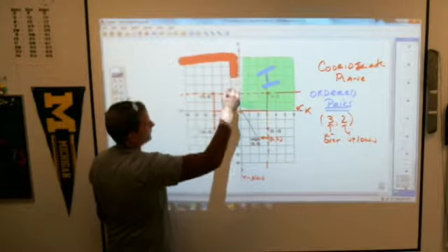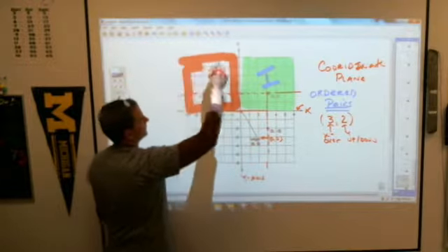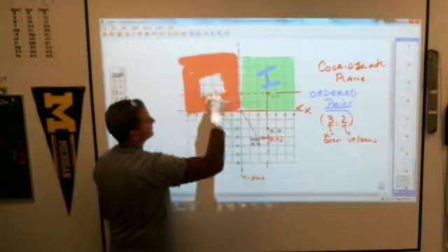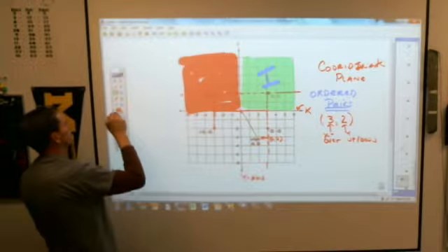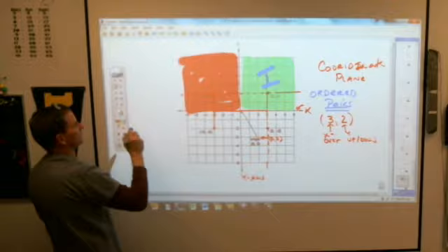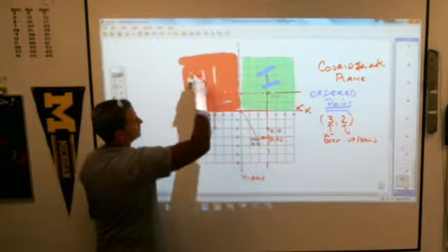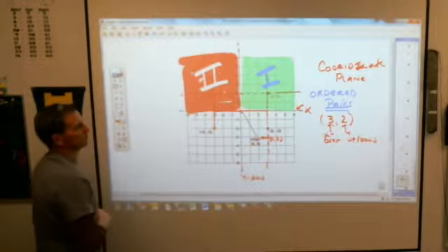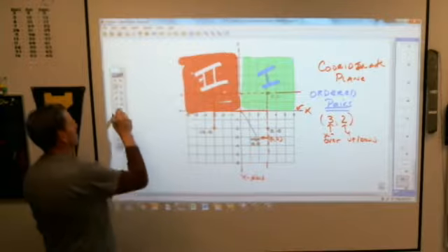This quadrant here is quadrant number 2, Roman numeral II.